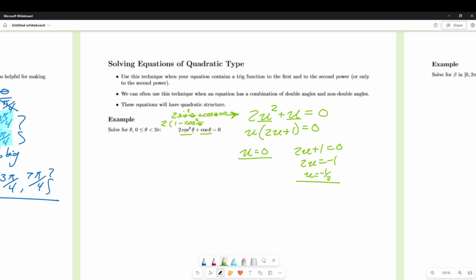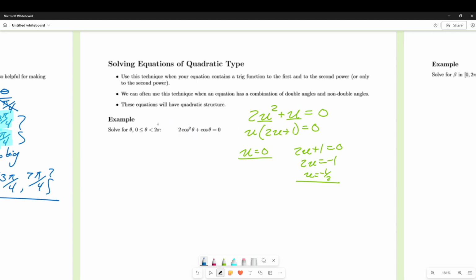You can always turn a cosine squared into a sine squared. You'd have more work to do. You've got to distribute this 2, and it becomes a bigger thing to factor. But you can always change sine squareds into cosine squareds and cosine squareds into sine squareds. So keep that in mind if you ever have this structure, but the functions don't match.